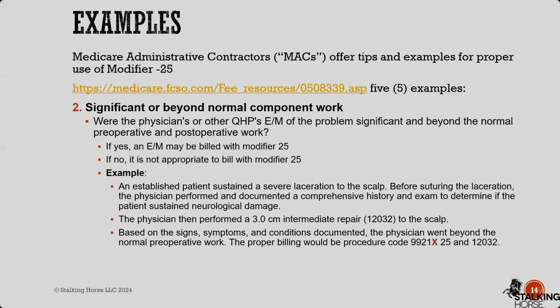Based on the signs, symptoms, and conditions documented, the physician went beyond the normal preoperative work. The proper billing would be procedure code 9921, so whatever that is, whether it's 1314, with a 25 modifier, and then also the CPT code for the repair to the scalp.